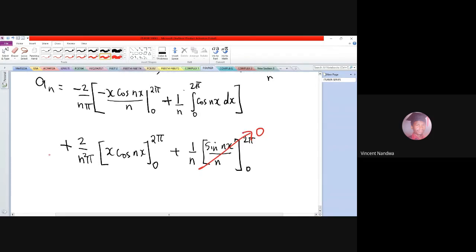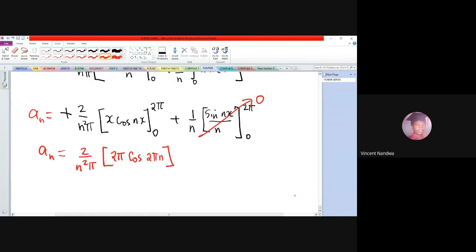So an will be given by 2 over n squared pi into 2 pi, and then cosine of 2 pi n, but the lower limit will be 0 because of this factor here. But we know that the value of cosine of multiples of 2 pi is 1.